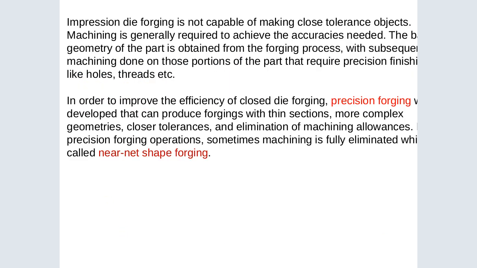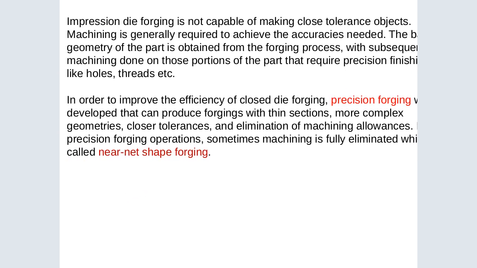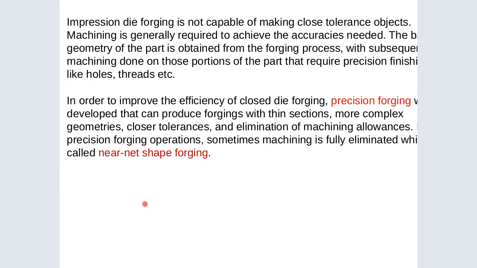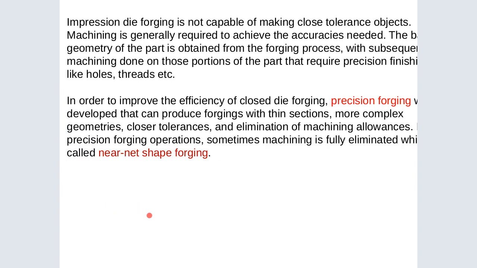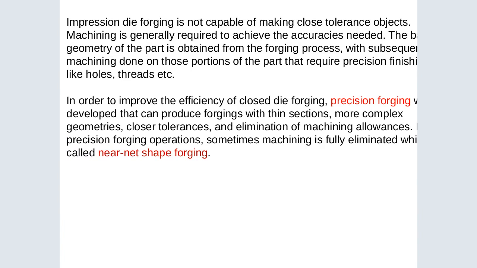The impression die forging is not capable of making close tolerance objects. Machining is generally required to achieve the accuracies needed, so the basic geometry of the part is obtained from the forging process. The subsequent machining is done on those portions of the part that require precision finishing, like holes, threads, etc.